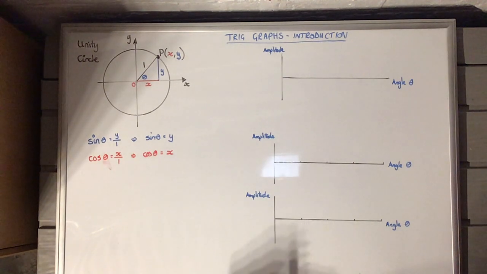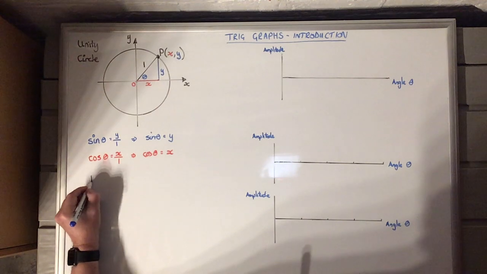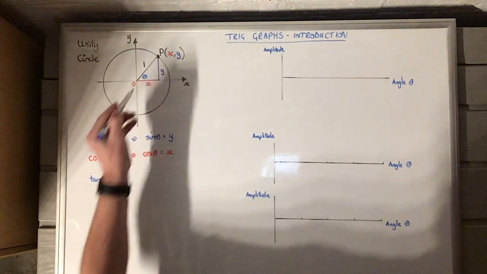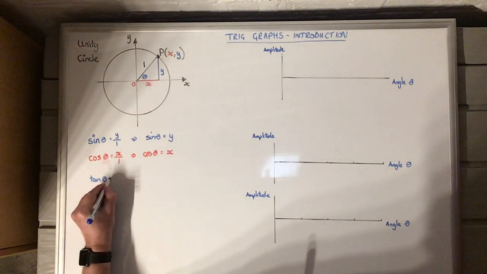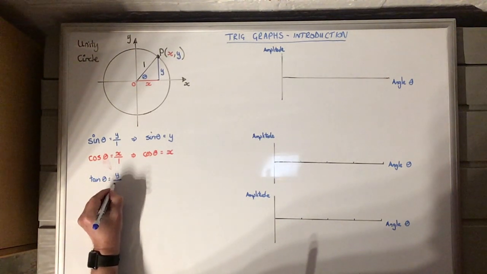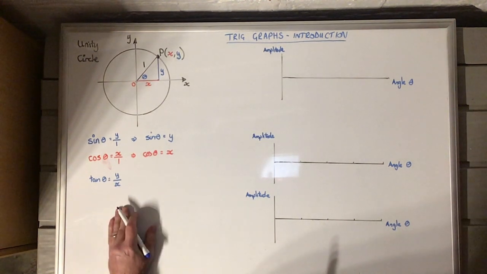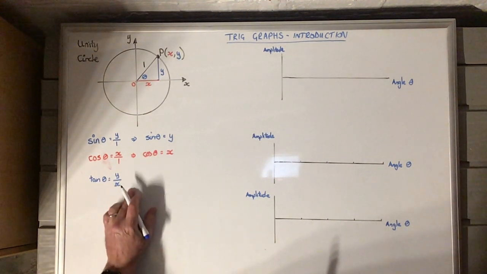And the tan function, again from third year, is the opposite over the adjacent. So tan of the angle is equal to the y coordinate over the x coordinate. We can't simplify that, it's just that ratio.